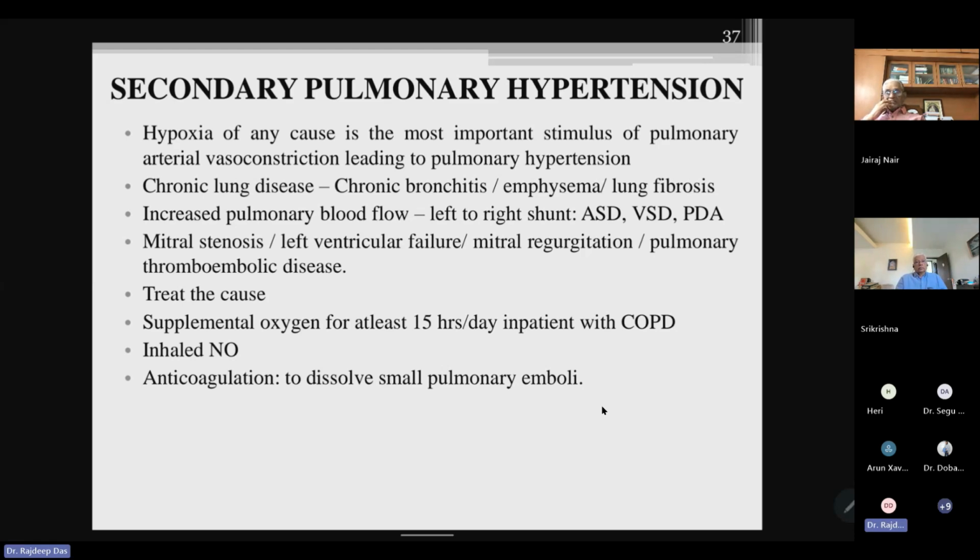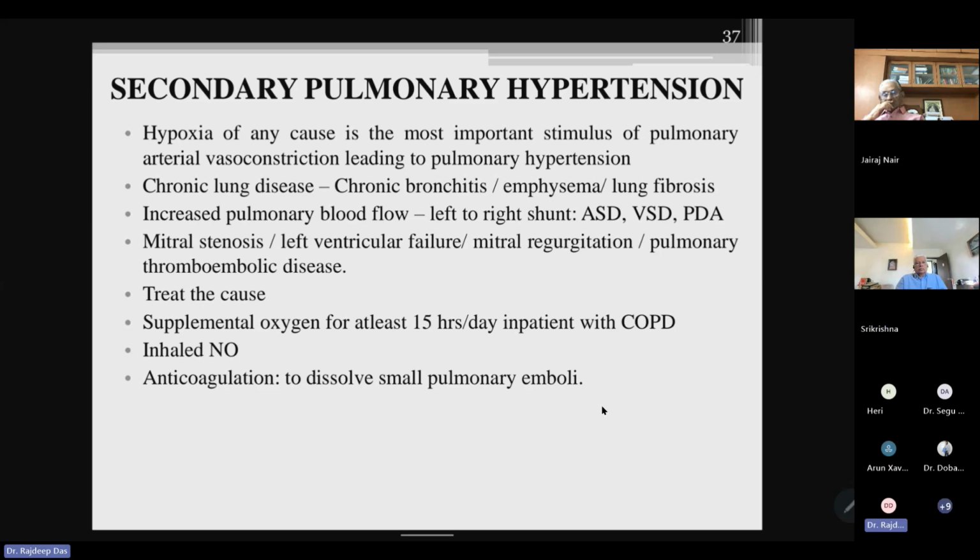Mitral stenosis, left ventricular failure, severe MR, and pulmonary thromboembolic diseases may cause pulmonary hypertension. Supplemental oxygen is always necessary in case of associated lung disease like COPD. Inhaled nitric oxide is useful in treatment.